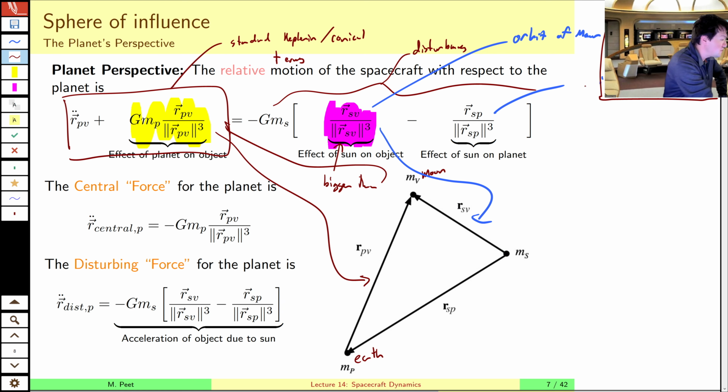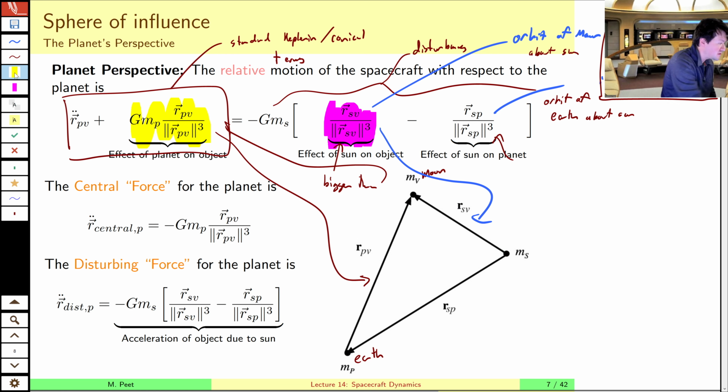So that's the orbit of the moon about the sun, and this part is the orbit of the Earth about the sun. So in this case, there is a significant motion. The Earth is in orbit around the sun, so this is a non-trivial term, and this difference.